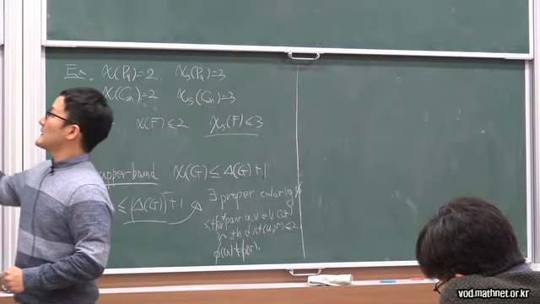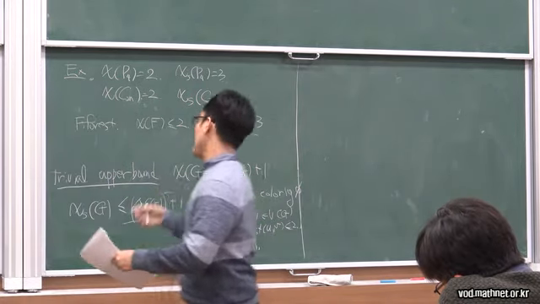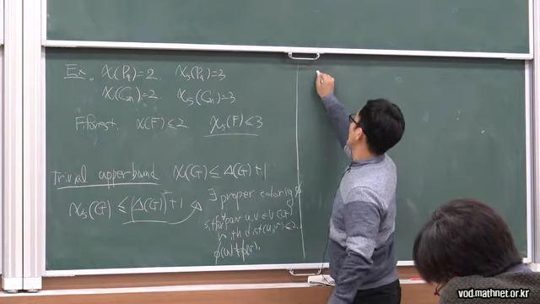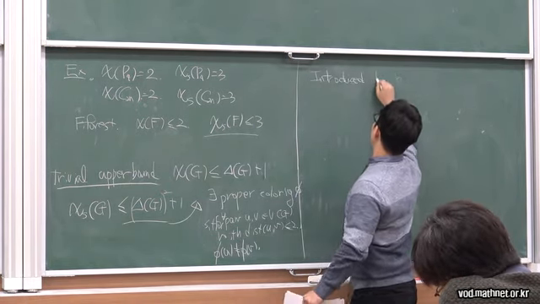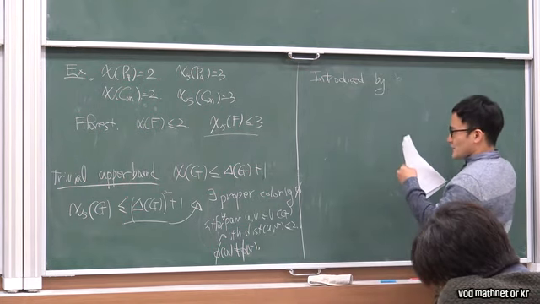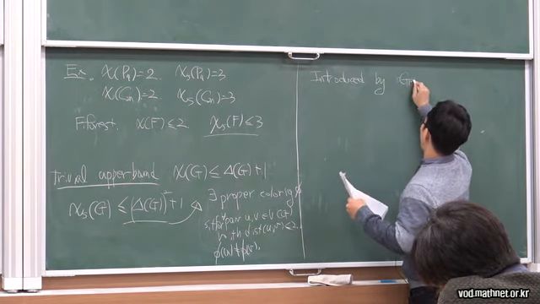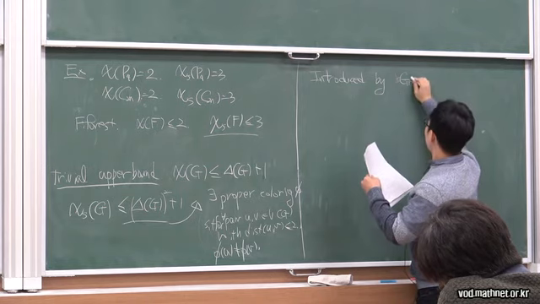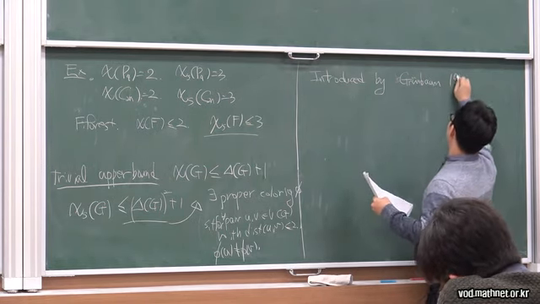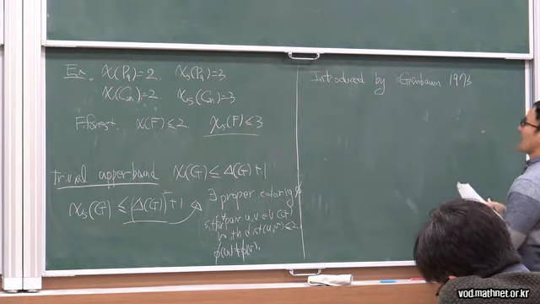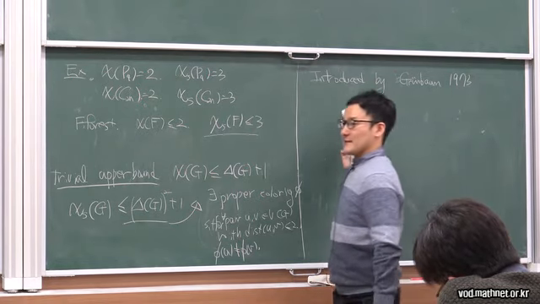Okay, so star coloring and star chromatic number were first introduced by, I don't know how to pronounce it, Grunbaum, in 1973, and there is a lot of research on this topic.